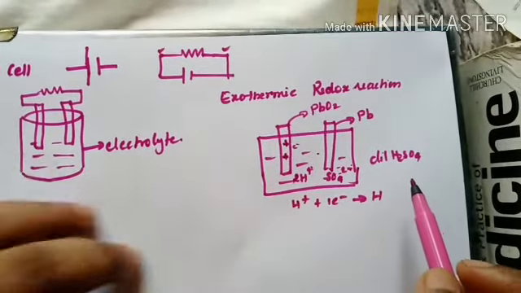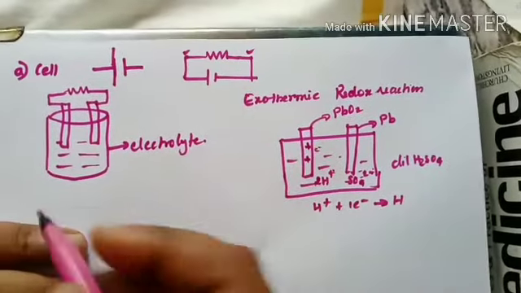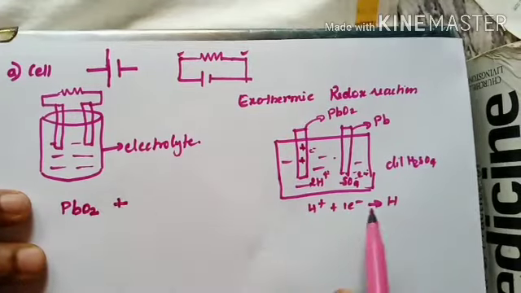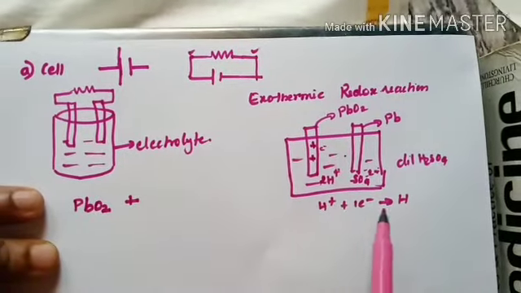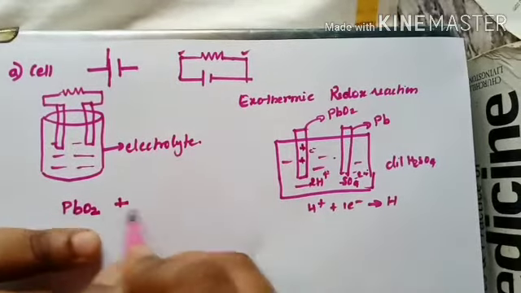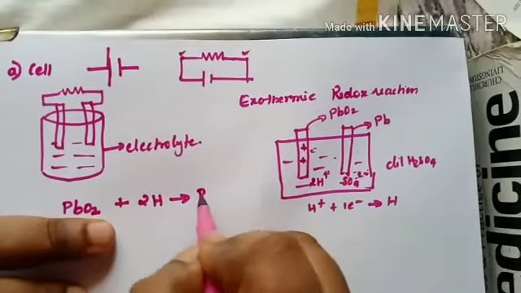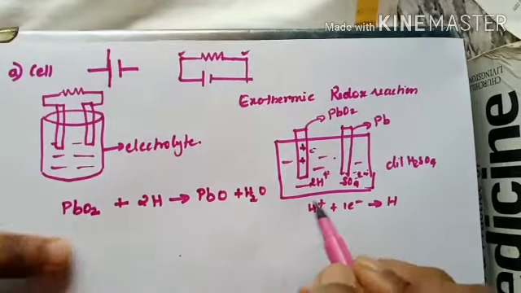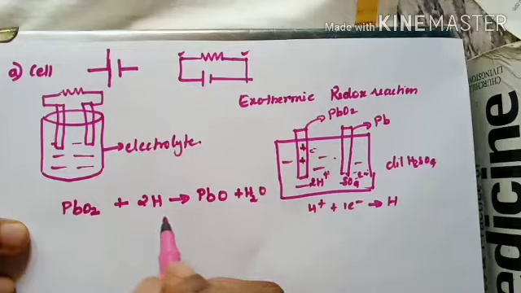Now let's see what the exact equation is, or what reaction is happening in that section. That is PbO2. H plus has accepted electrons from PbO2 and has become nascent hydrogen. So PbO2 now reacts with this nascent hydrogen and gives PbO, lead oxide, plus H2O. Now this lead oxide is highly reactive, it is not stable.